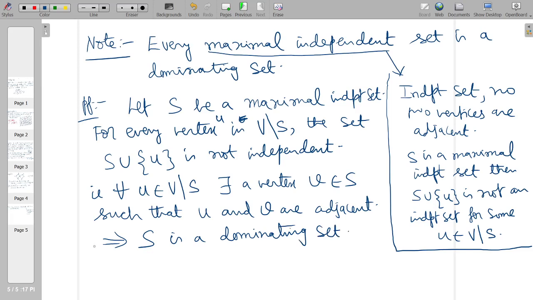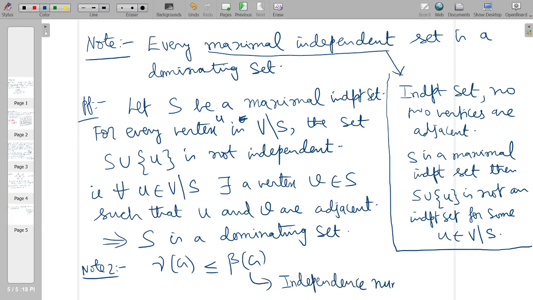Now the second note: gamma of G is less than or equal to beta of G. What is this beta of G? It is the independence number. You can recall that it is the cardinality of a maximum independent set, not maximal, maximum independent set.